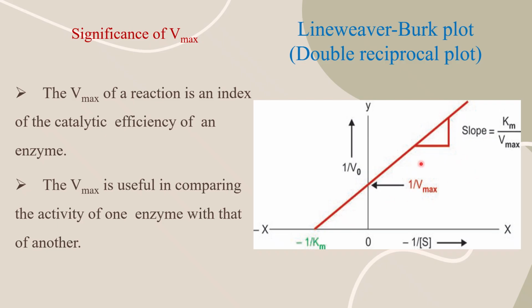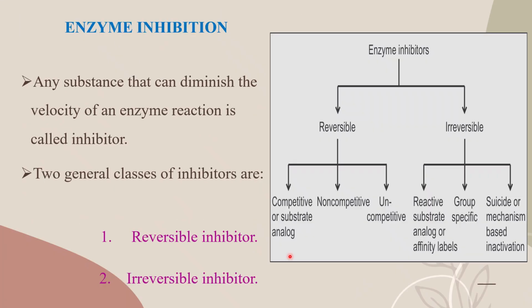And this slope is the value of Km by Vmax, which is an indicator of catalytic efficiency, and this intercept is the -1 upon Km value.